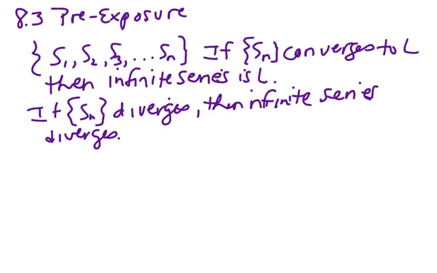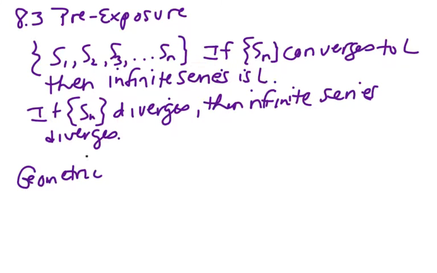Alright, so your procedure is to evaluate the infinite series. You find the formula for the sequence of the partial sums, and then you evaluate the limit of the partial sum. So what we're going to look at pretty much in 8.3 is the geometric sum, which we already looked at as the geometric sequence.